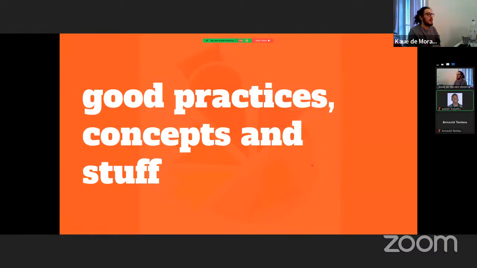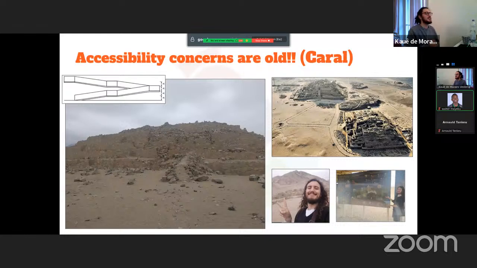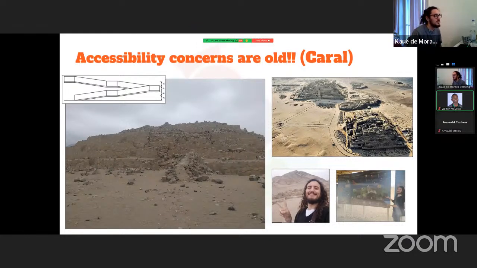Okay. So let's talk about good practices and concepts about the regulations of accessibility. Okay, it's interesting because accessibility is an old concern. I had the thrilling experience of being at the city of Caral in Peru.